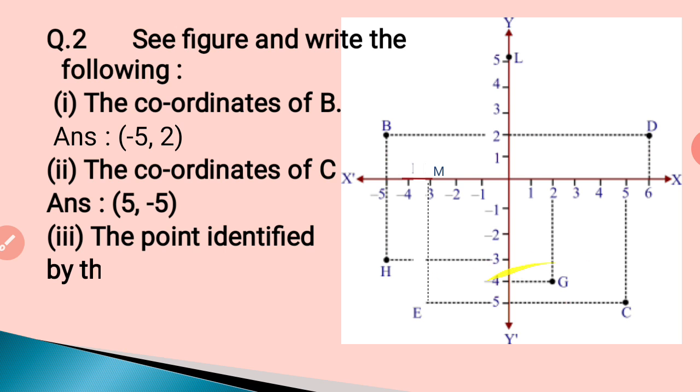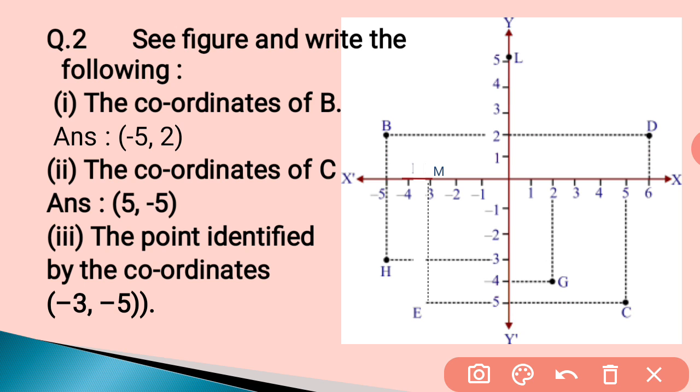The next is the point identified by the coordinates (-3, -5). Now we are going to draw lines from -3 and -5. So from here, -3 moves ahead and -5 moves from this side.